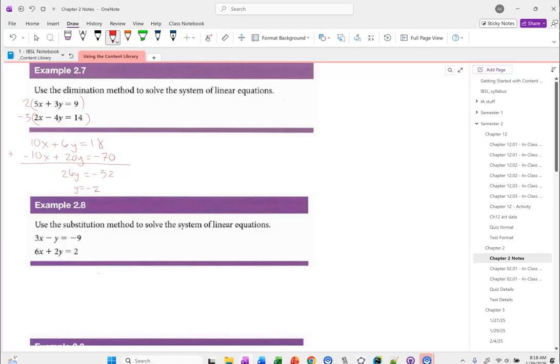What do I do with that y equals -2 now? Plug it back in, to either equation. Any equation that has x and y in it both, right? Could be this one, could be this one, doesn't matter. Which one would be the best one to choose though? I'd probably pick this one because the numbers look the smallest to me, but it doesn't really matter.